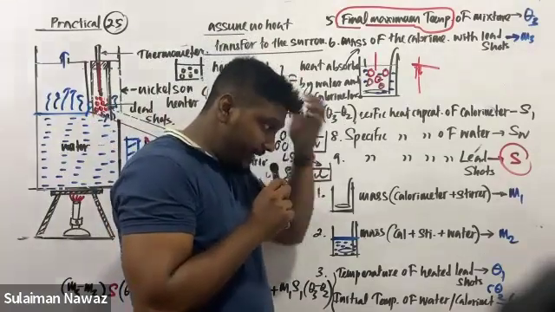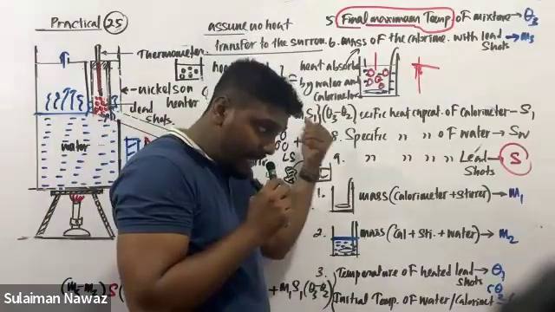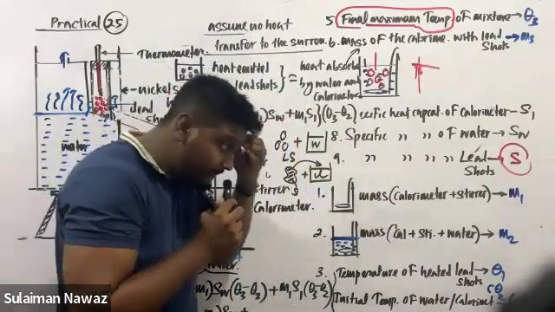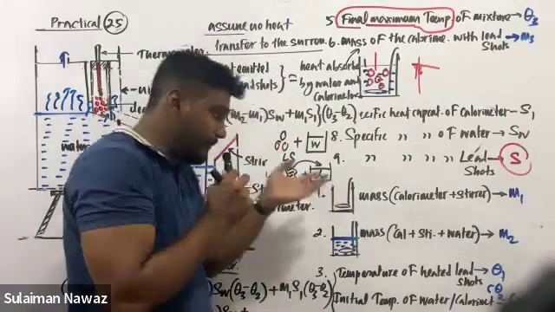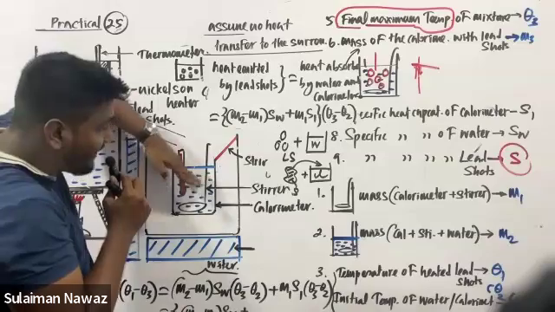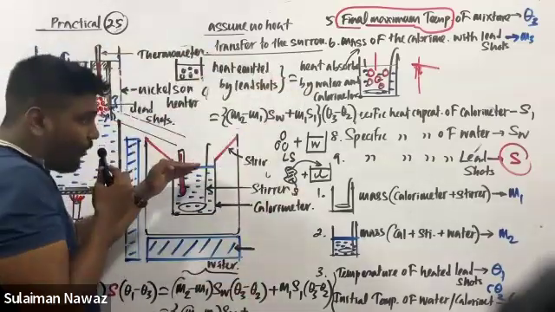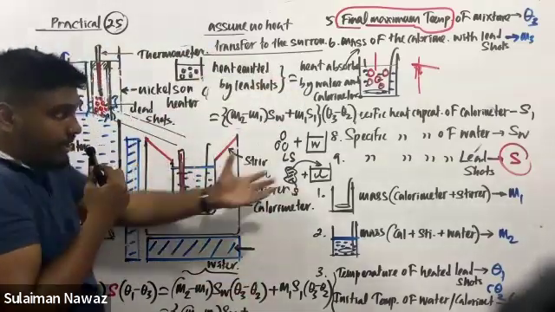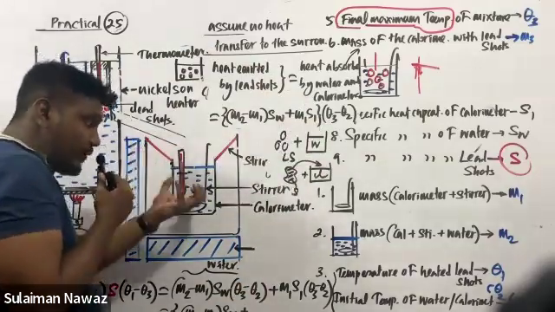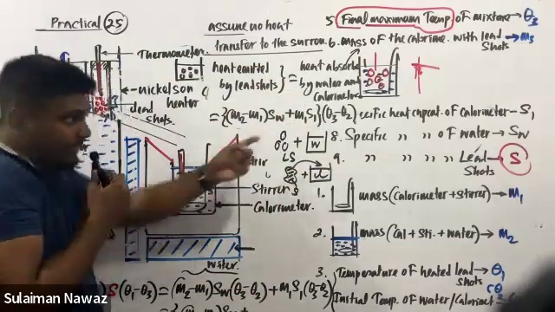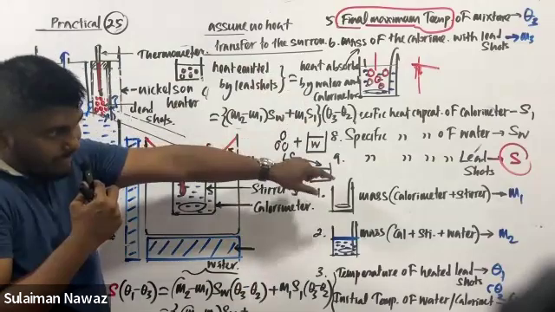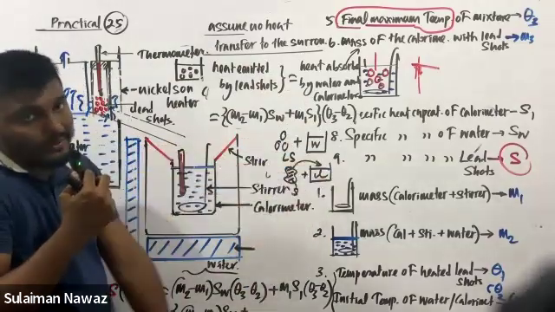Second point, when the lead shots are being transferred to the calorimeter, care should be taken to prevent splashing out of the water, because when these lead shots quickly fall into the water, the water can splash. Already we found the mass of the water. When it splashes out, the actual mass of the water is less than the mass that we take as the water mass.